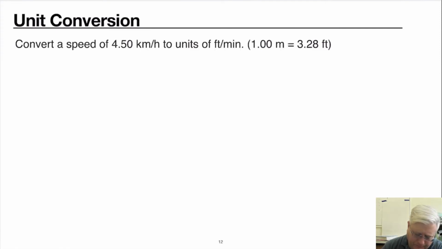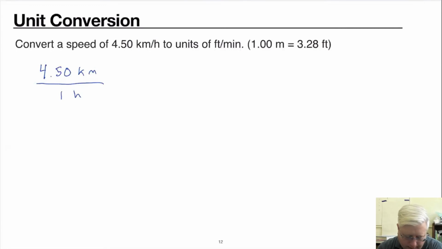The way to do it nice and clean, so it's easy to visualize when things are canceling out, is to take this km slash, the slash just means per, kilometers per hour, and turn it into a nice fraction, like they taught us to make in 4th grade or whenever we started doing fractions. Then we know that 1 meter is 3.28 feet.